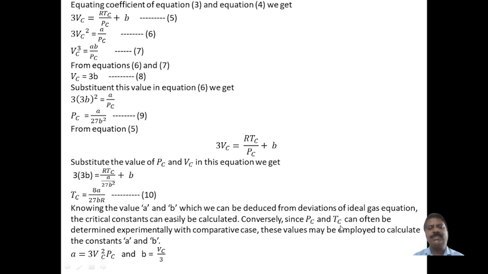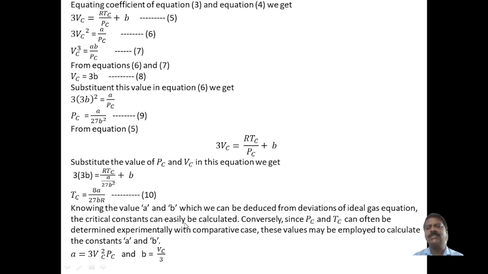Conversely, since Pc, Tc can often be determined experimentally with comparative ease, these values may be employed to calculate the constants A and B. From that, A is equal to 3Vc square Pc, and B is equal to Vc divided by 3 from equation 8. A and B can be easily calculated, and this explains the van der Waals constants.